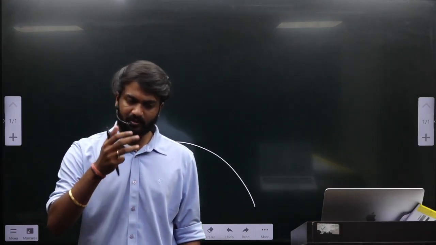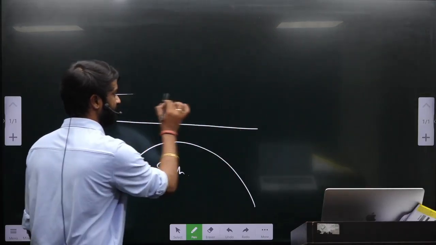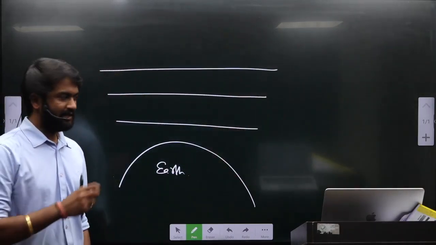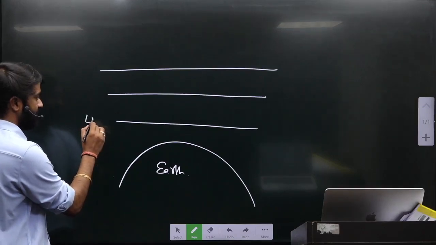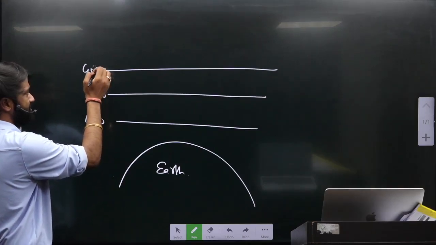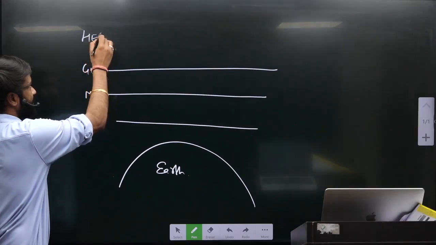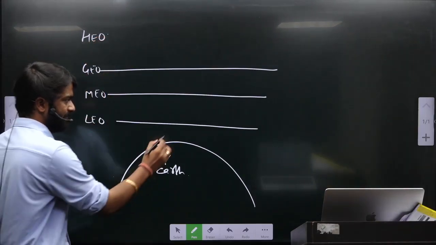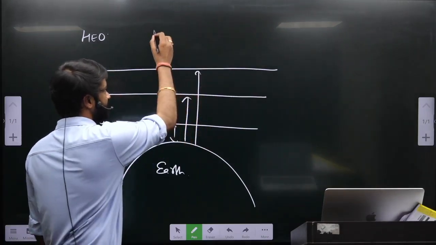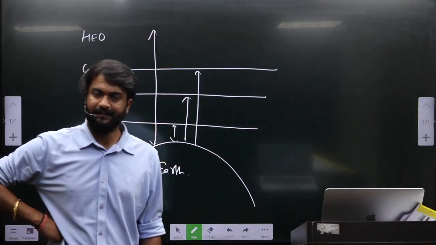So in all those circumstances, we have different levels of orbits around the earth. The lowermost orbit is known as low Earth orbit, then the medium Earth orbit, and then geo Earth orbit, geostationary, geosynchronous orbit. Beyond this, we have higher Earth orbit. There will be some distance of each of these from the Earth.